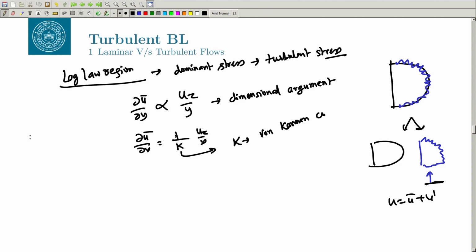Karman was a student of Prandtl, who made key contributions in understanding the boundary layer. In fact, before Prandtl there was not much understanding of the boundary layer. People believed that if the flow becomes highly turbulent, the boundary layer is very thin, and as you keep increasing the Reynolds number, the region where the viscosity has an effect becomes thinner and thinner close to the wall. So people thought you could ignore the effects of viscosity if the flow becomes very turbulent.